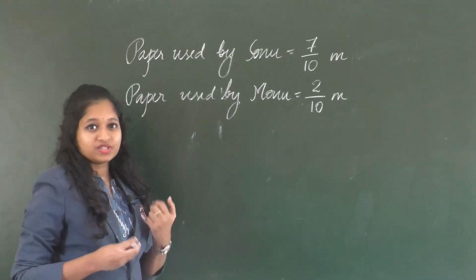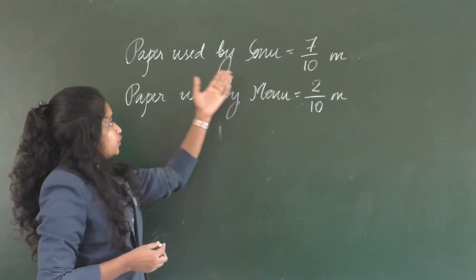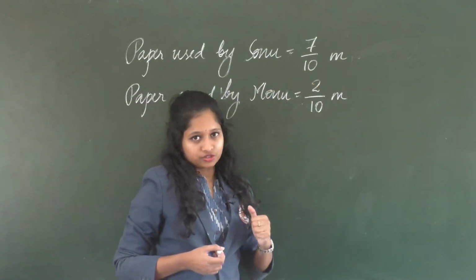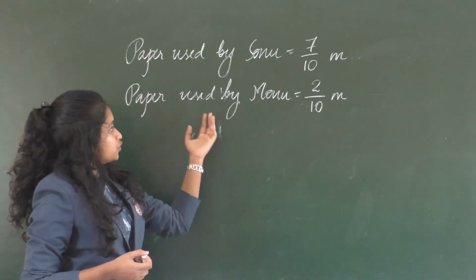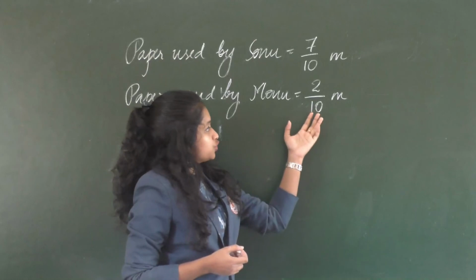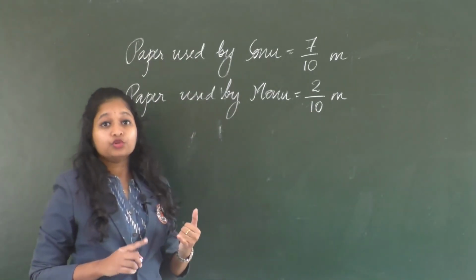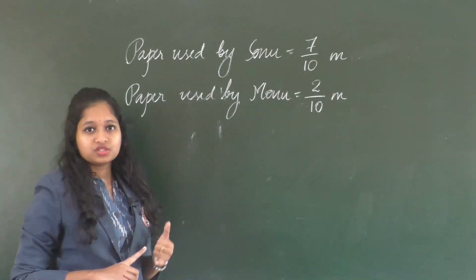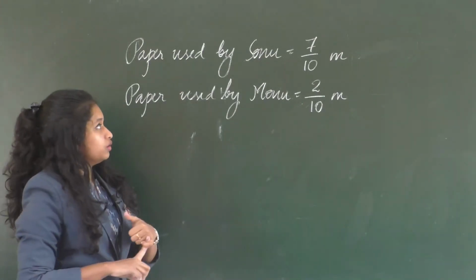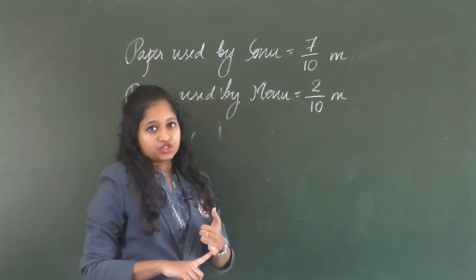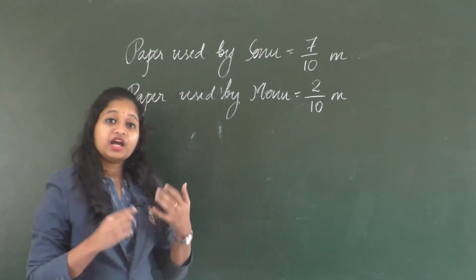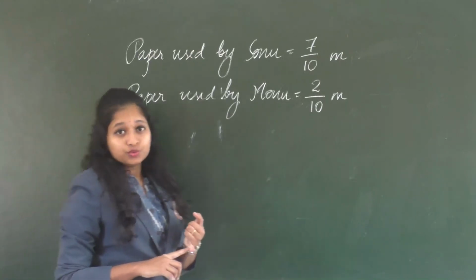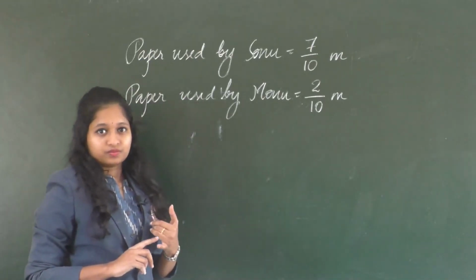So children, what is given? Paper used by Sonu is 7 by 10 meter. Okay? And paper used by Monu is 2 by 10 meter. So who has used more? Sonu had used more paper, that is 7 by 10 meter. Okay? And by how much? How to find it? We have to subtract, isn't it?